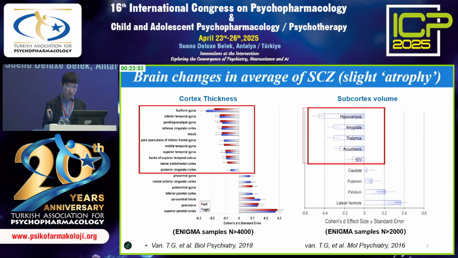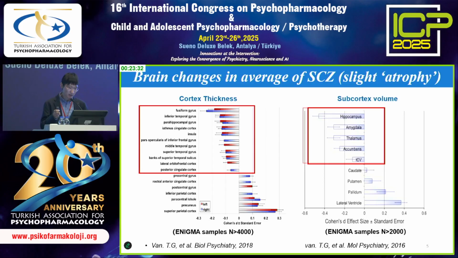In brain imaging, patients with schizophrenia have many brain changes, with atrophy in both cortical thickness and subcortical volume. This is an ENIGMA result in structural MRI.